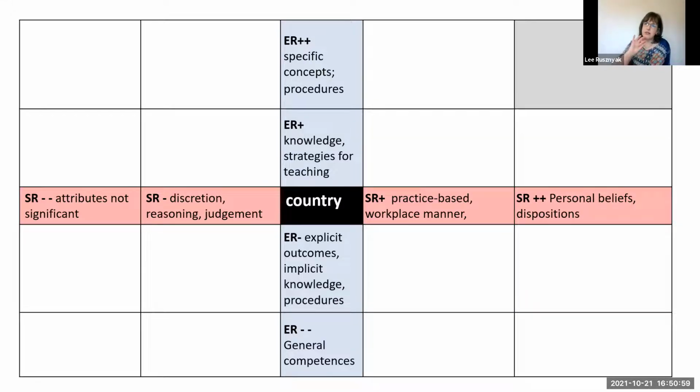And there was this implication that there was some sort of discretion of the knower that was required here. We coded that SR-, and where the attributes were not significant at all, we coded that SR--, the weakest form of social relations in this data set.